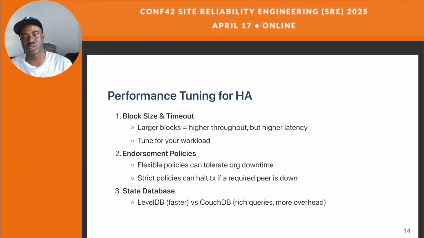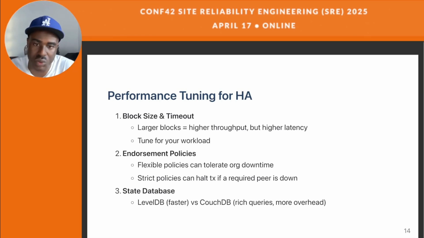So let's discuss performance tuning and high availability. Reliability is not really just about redundancy, it's also about ensuring the system can handle load without failing. Just some tips. Increase block size for throughput, but also watch for latency. You have to tune this for your workload.